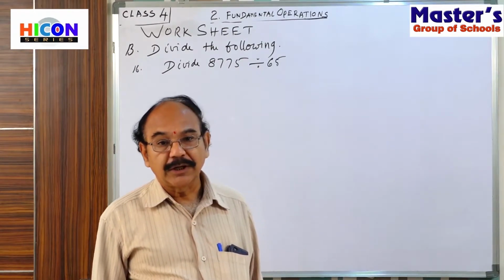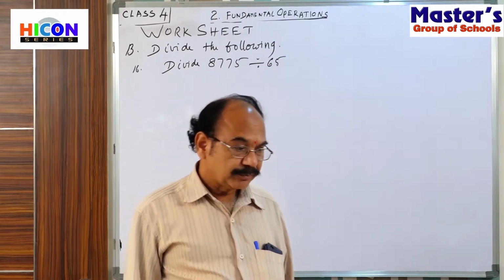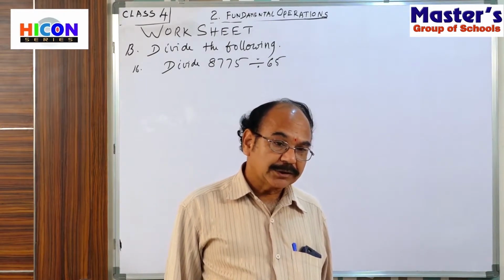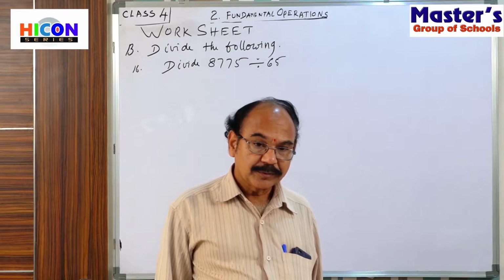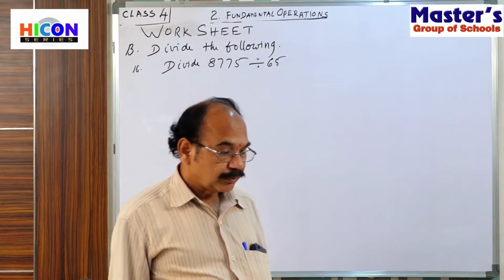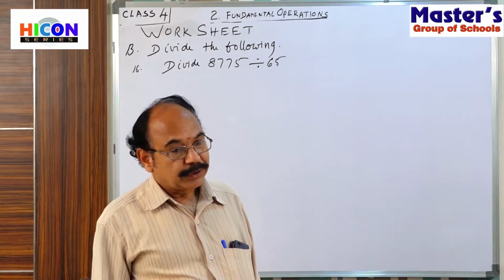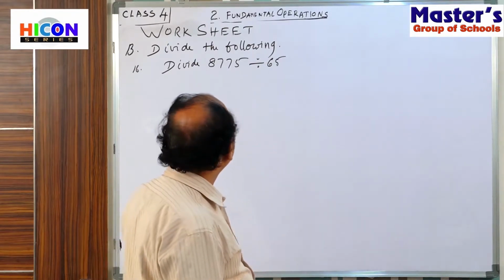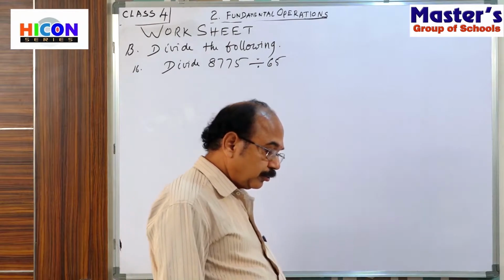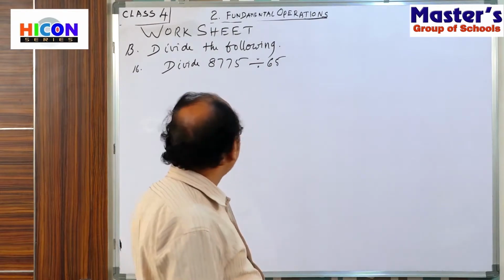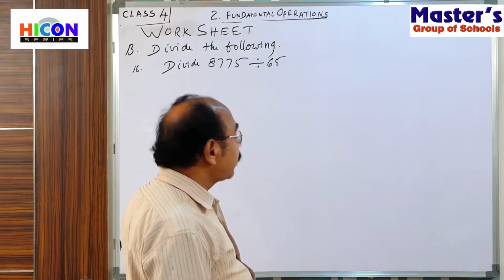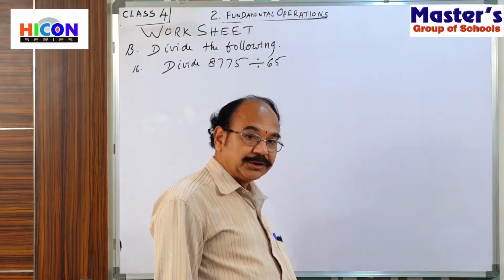So now in the worksheet also, you practice some problems just for revision. So in the revision work, now you do this division problem. Divide 8,775 by 65.